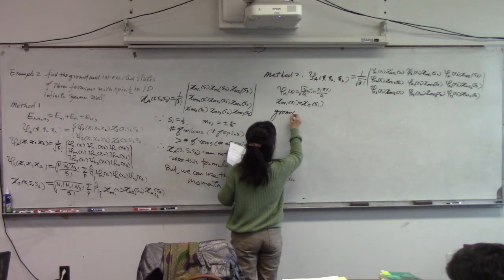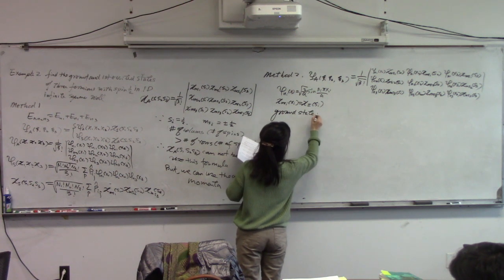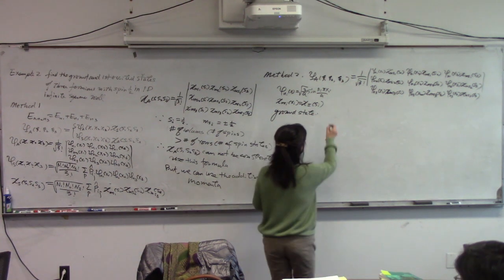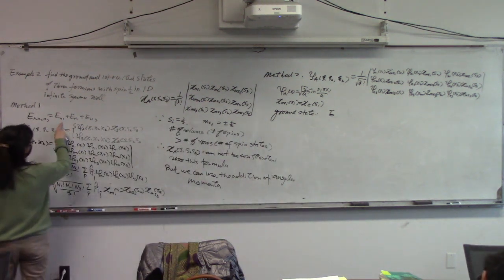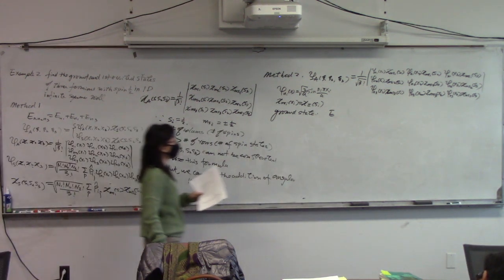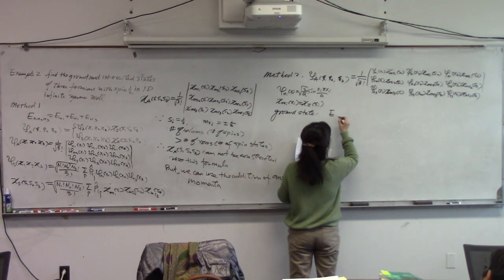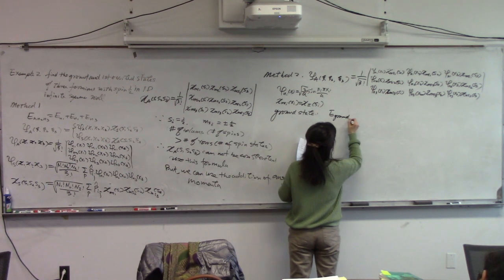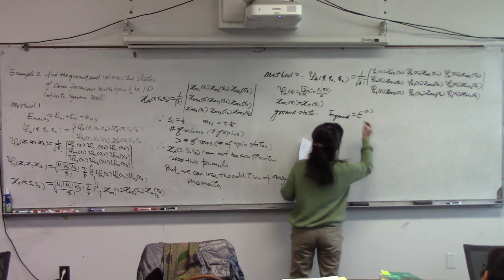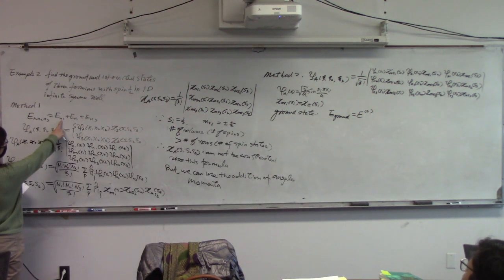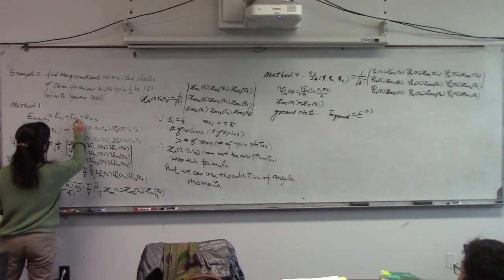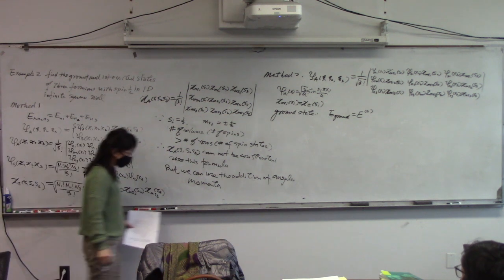How to construct the ground state. First, look at the energy, right? With this method the energy will not change, so that is the same. For the ground state, I'm going to use E naught to distinguish the ground states, and you can see here M1, M2, M3 take 1, right?